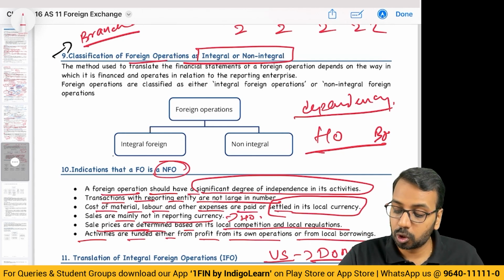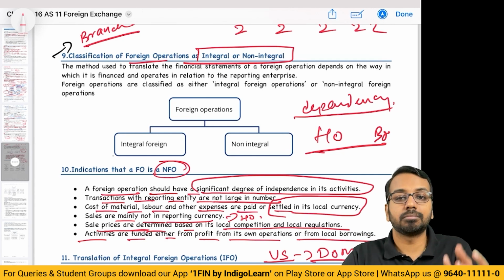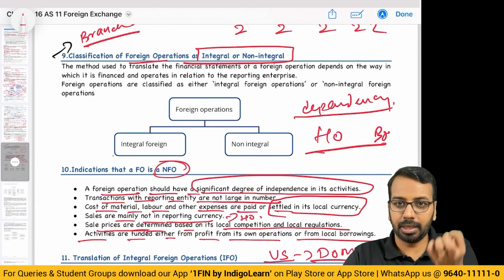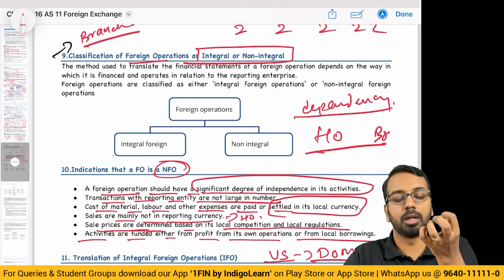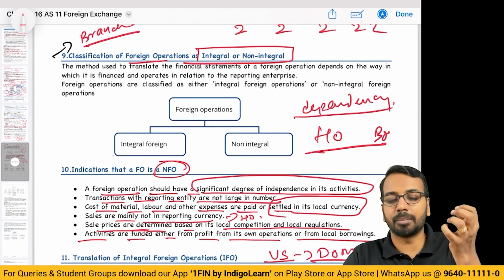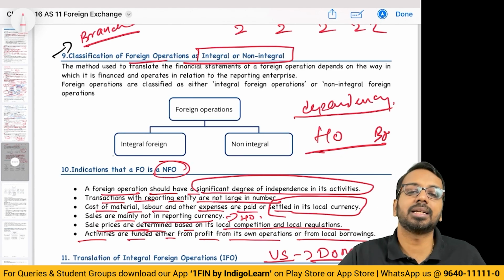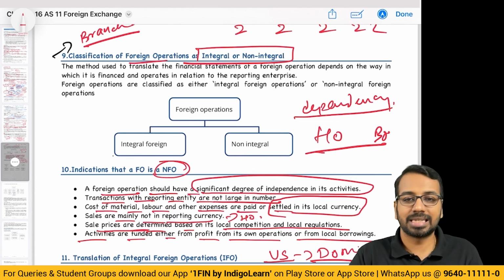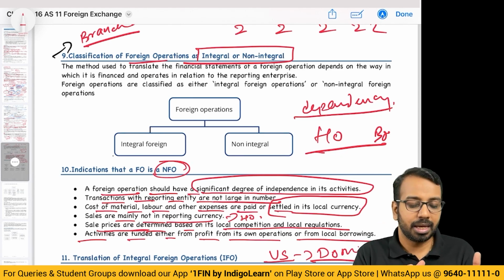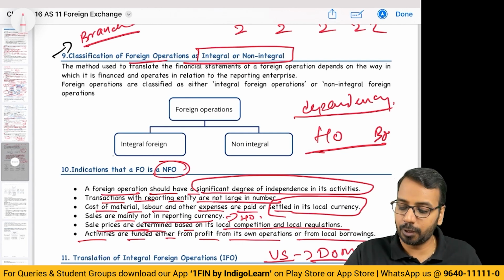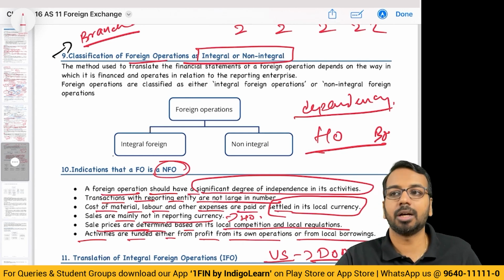Now, other than the brand, a lot of the money that comes, a lot of the sales that happen, the taste, the preferences, everything happens locally. Then we can say this is a non-integral foreign operation. Same way Amazon India, Amazon US. Amazon India works as per the local conditions in India. So again, that is a non-integral foreign operation.